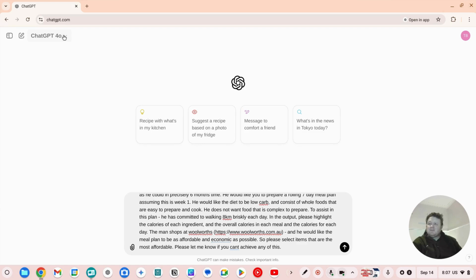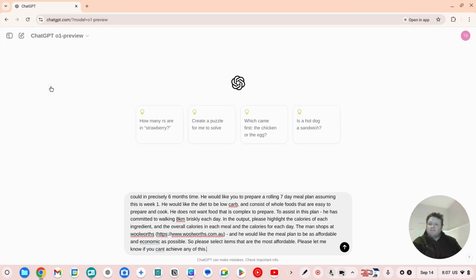Now, first thing I've got to do is move it over to the o1 preview. There we go. So this is the new model that thinks in layers. So this is going to break this problem down, and you can probably see it in real time. Check this out.